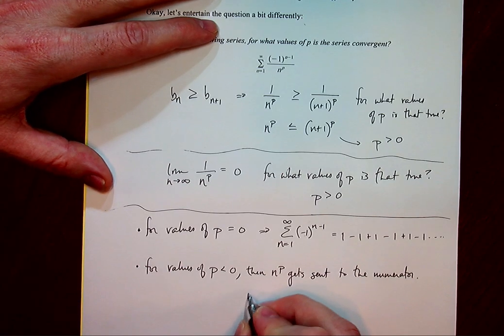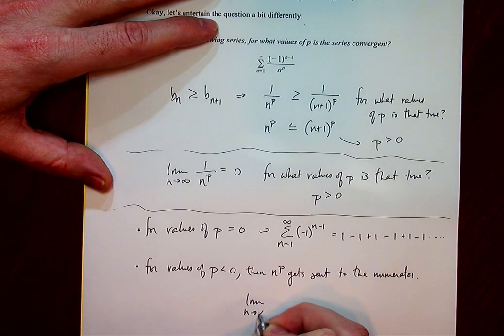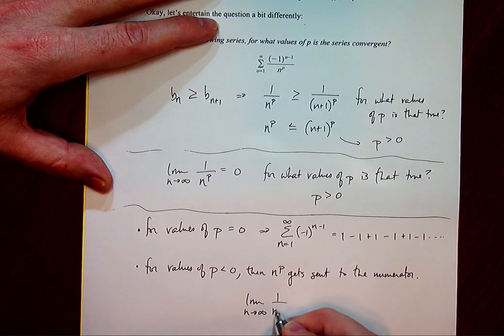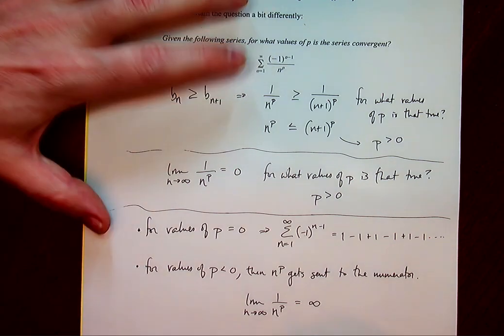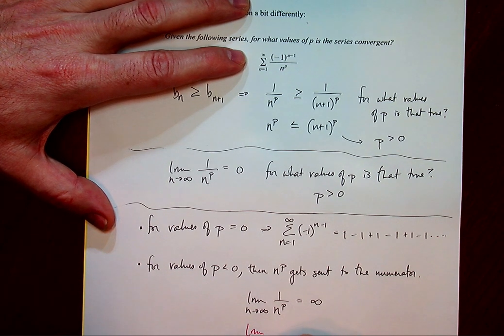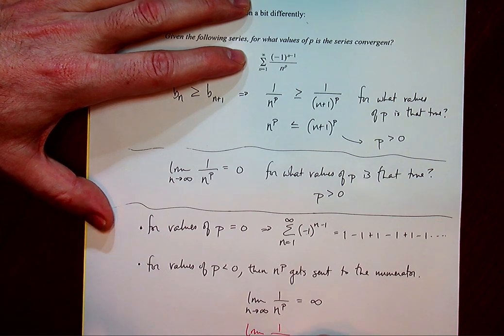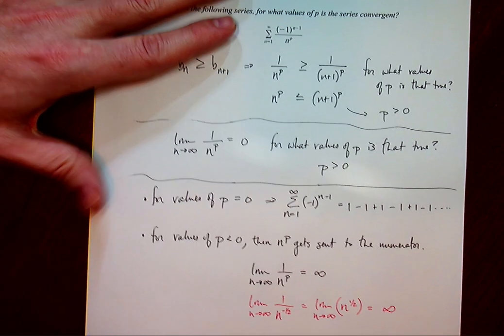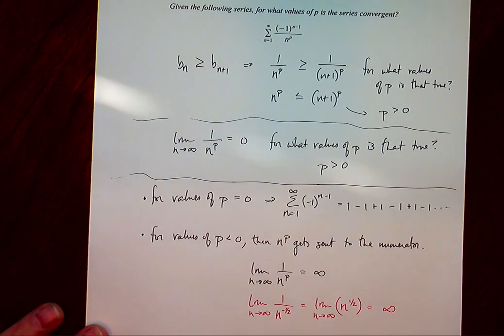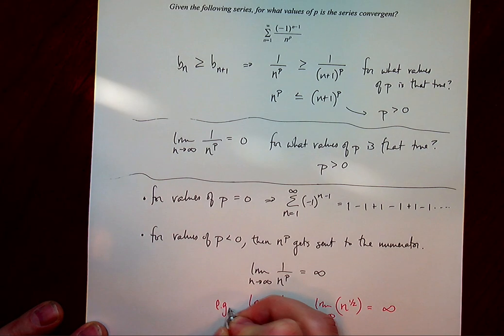Which means that the limit as n approaches infinity of 1 over n to the p is equal to infinity. For example, the limit as n goes to infinity of 1 over n to the -1/2 becomes the limit as n goes to infinity of n to the 1/2, and that's always increasing and therefore infinity. So that's just an example.